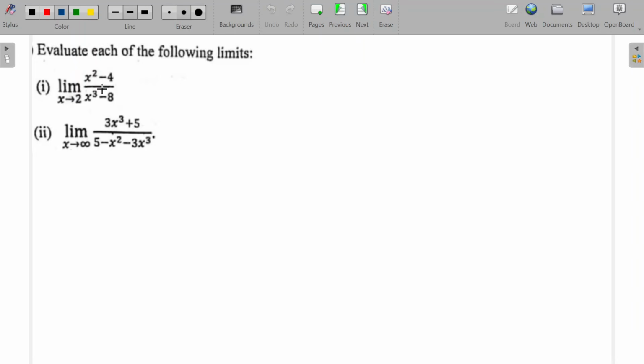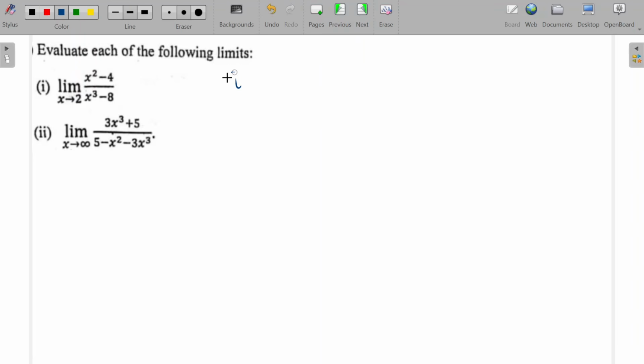So now, this is another question. This is on limits. It's saying evaluate each of the following limits. So we have the first limit. It's saying the limit as x approaches 2.